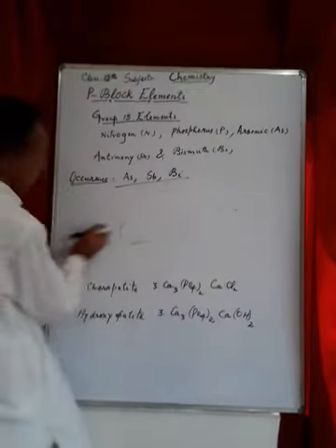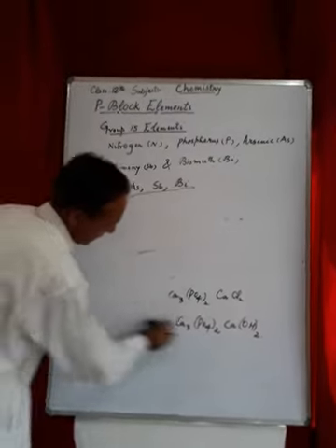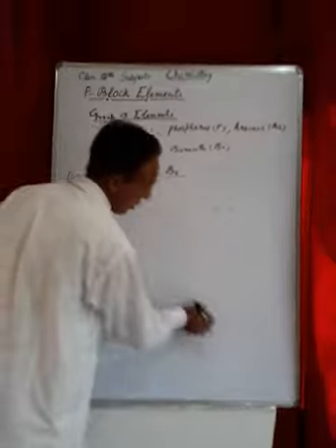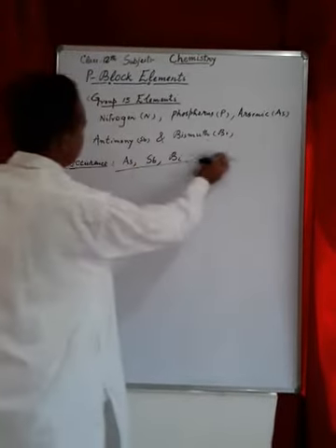Now, electronic configuration of group 15 elements.